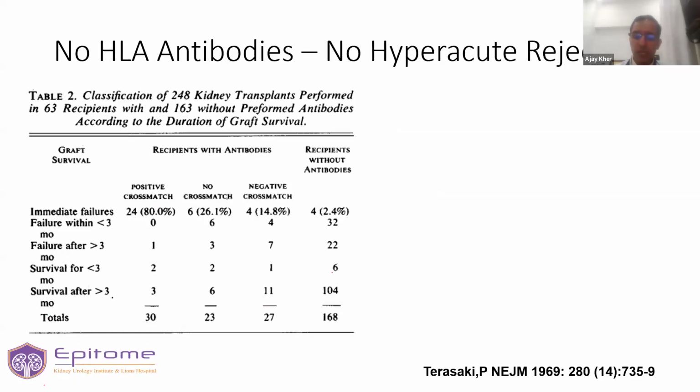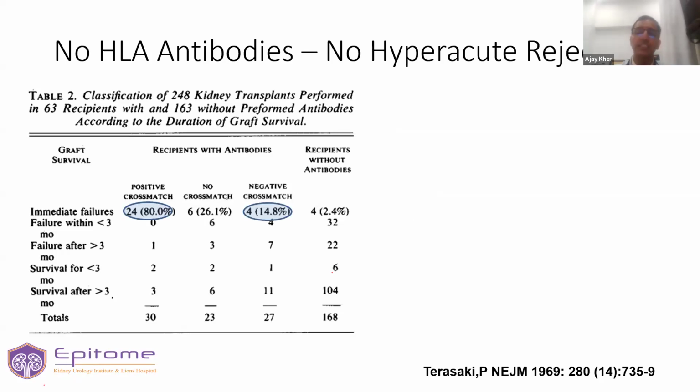Now let's look at Dr. Terasaki's paper, at the 248 transplants that had been performed in 63 recipients with antibodies and 163 without preformed antibodies. Of those who had a positive crossmatch against the donor, 30 were done, and 80% had immediate failures. Those who had a negative crossmatch, only 14.8% had it.